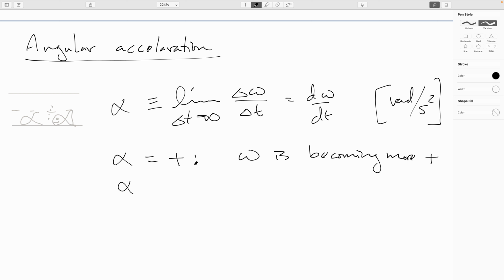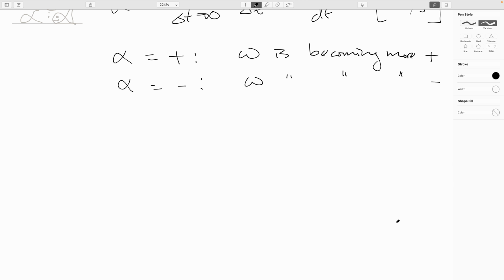And if it's negative, then we'll say that the angular velocity is becoming more negative. Now, what do I mean by that? Let's go and take a look at the two possibilities we could have for angular acceleration being positive. One possibility we can have is that the thing is rotating counterclockwise, which means that the angular velocity is positive and it's speeding up.